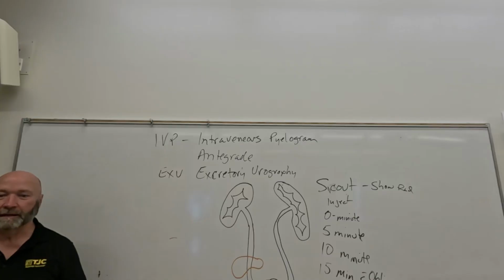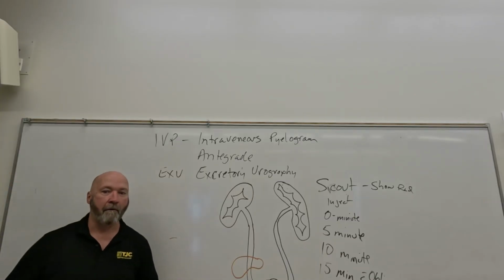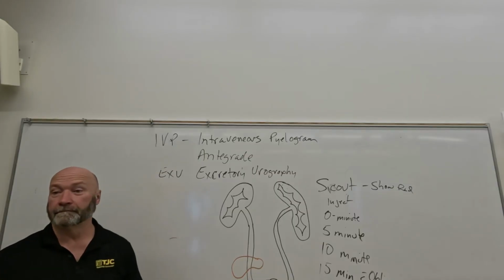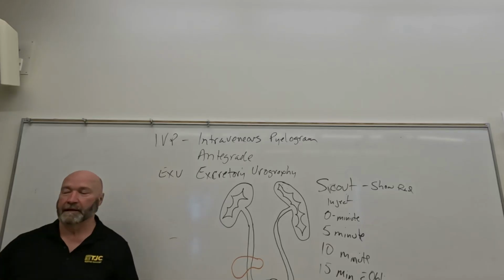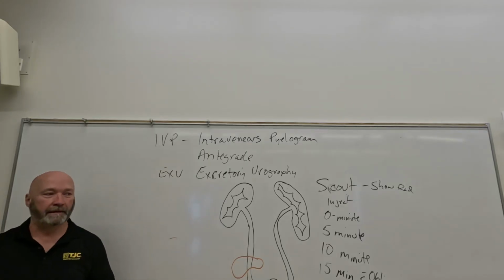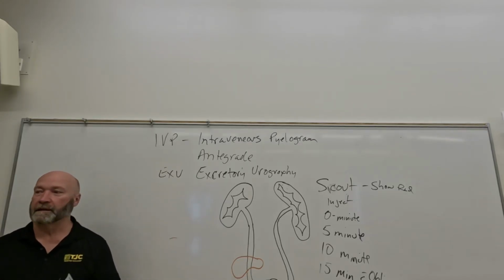I need dipping back into last semester. How do phototimers work? Just counts the radiation, right? Just counts the radiation. What does KVP give you? What does it control? Penetration.